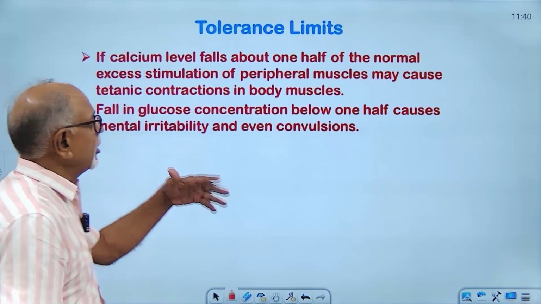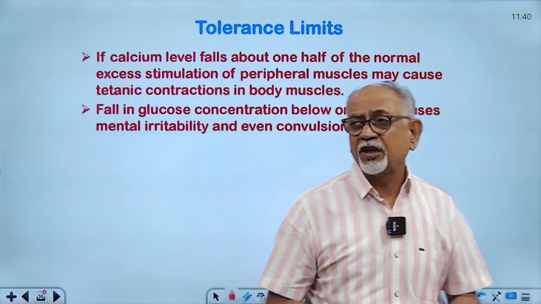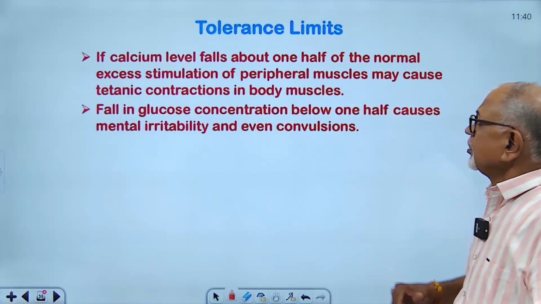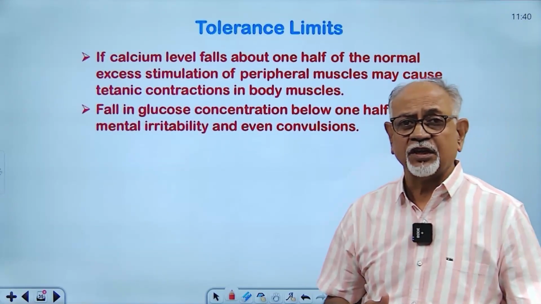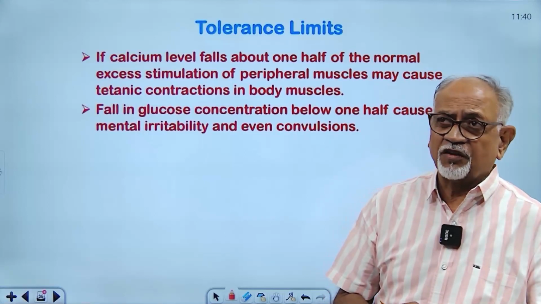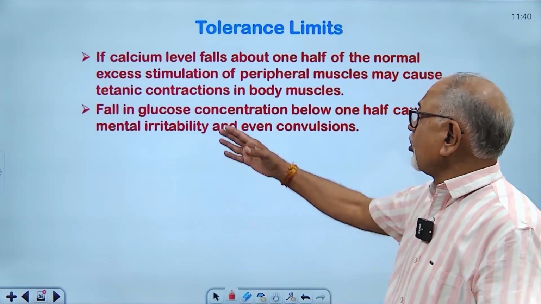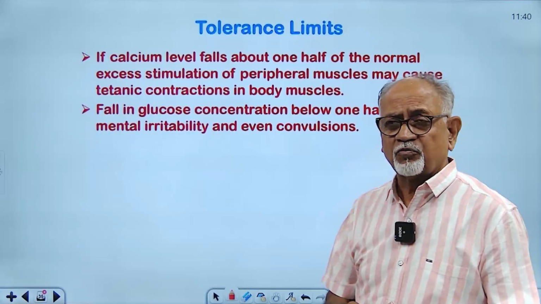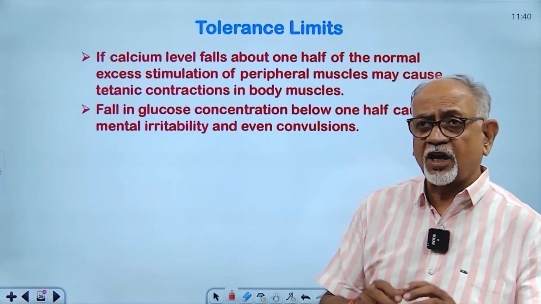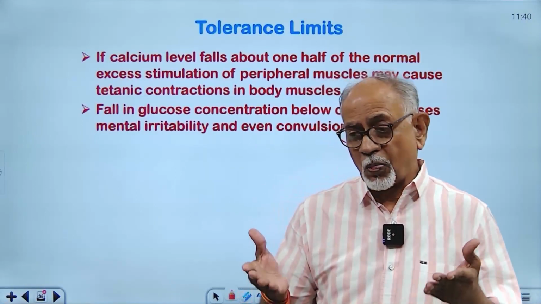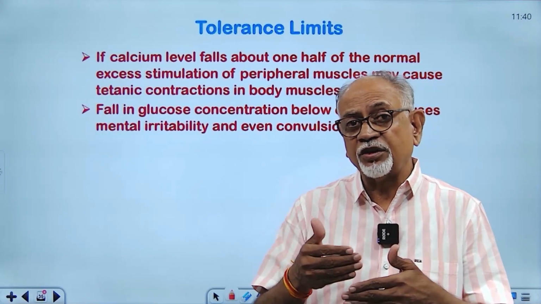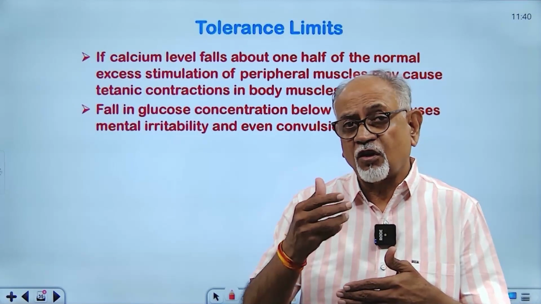If the calcium level falls to about half of the normal limit, then excess stimulation of the skeletal muscle occurs and that causes tetanic contraction. Tetanic contraction is the state of continuous contraction where the muscle remains contracted.